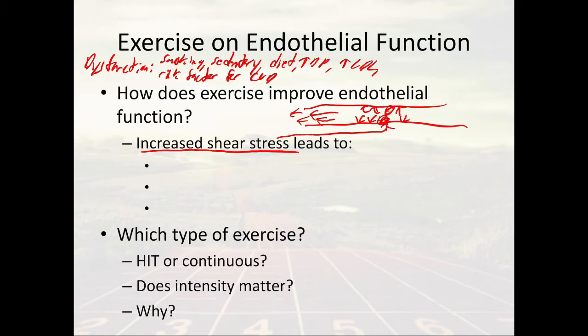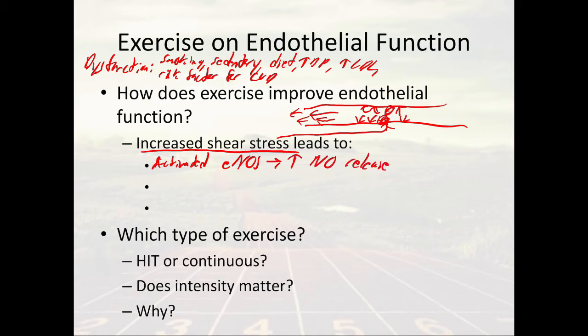And what we see is that shear stress, first of all, stimulates mechanoreceptors on those endothelial cells, and that activates them. And those mechanoreceptors eventually lead to activated eNOS, which leads to increased nitric oxide release.